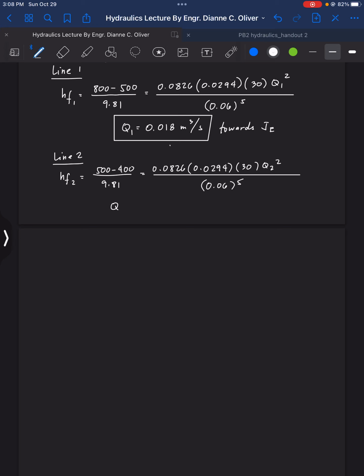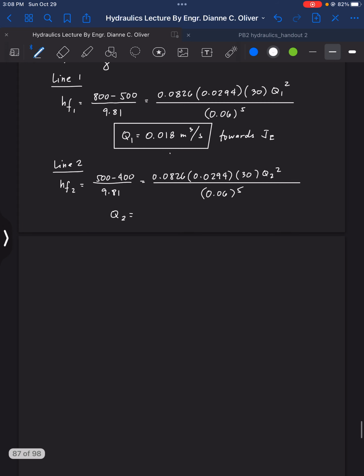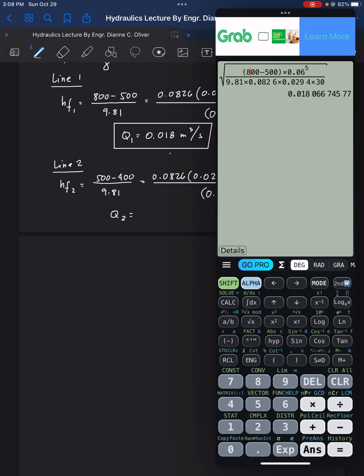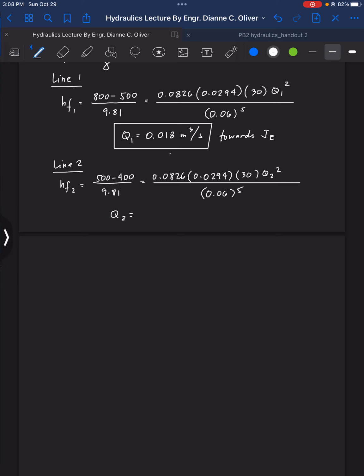So we have the value for Q2 is equal to, from 500 minus 400, 0.0104 cubic meter per second.